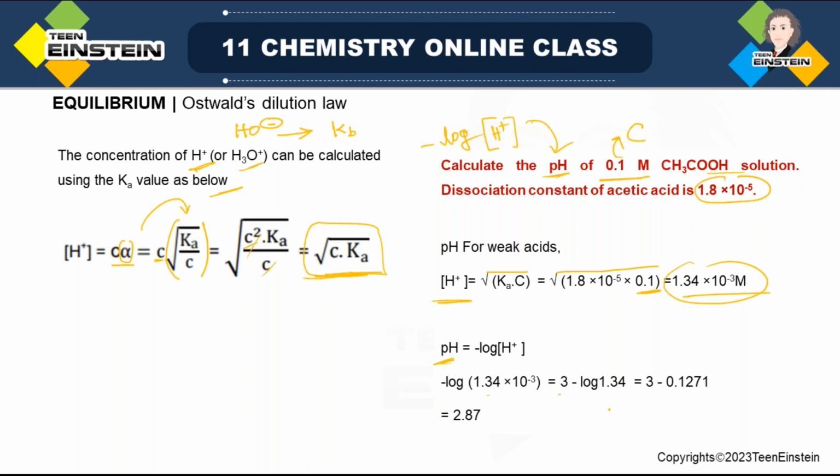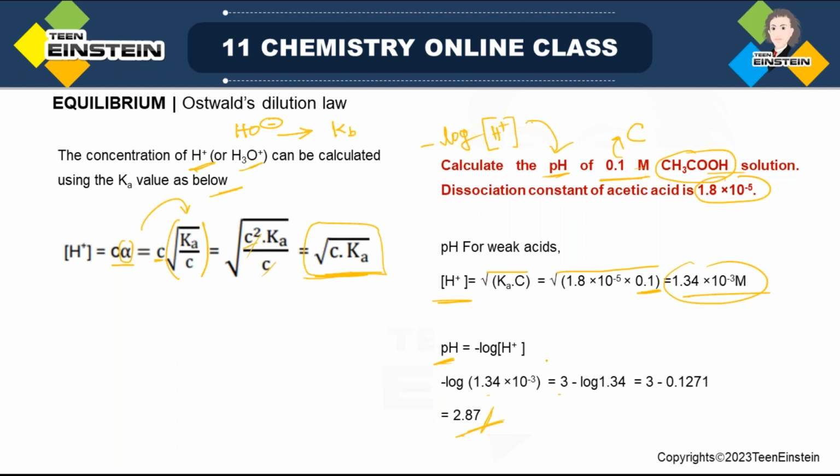So 3 minus log 1.34, and ultimately we get a pH of 2.87. It will obviously be less than 7 because it is an acidic solution. So just check once that you are getting it; it will also prove that your calculations are right. It is acidic, not neutral or basic.